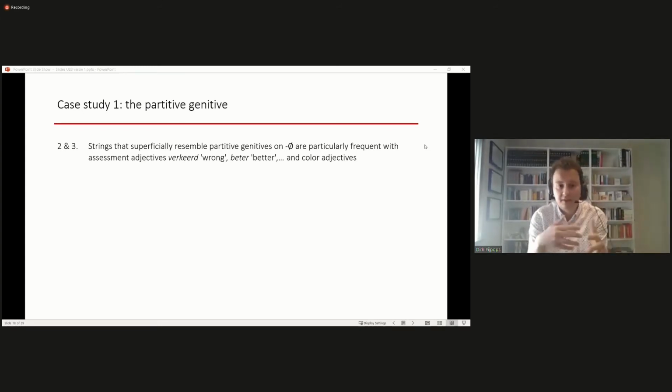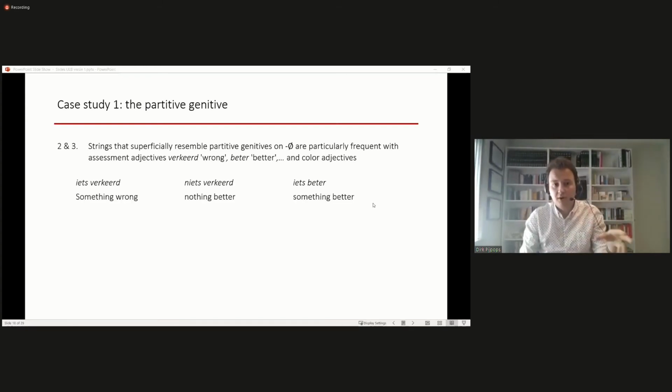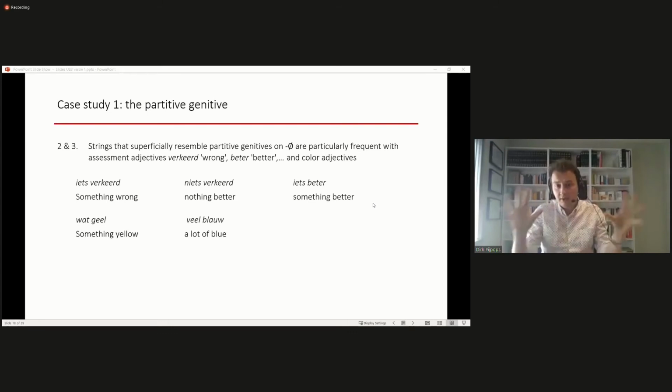So these are adjectives that express some kind of assessment, such as wrong, better, good, incorrect, etc. And also among the color adjectives. So basically, language users are bombarded with strings such as iets verkeerd, niets verkeerd, iets beter, wat geel, veel blauw, etc. All of them in constructions that are not partitive genitives, and hence always appear without the S ending.